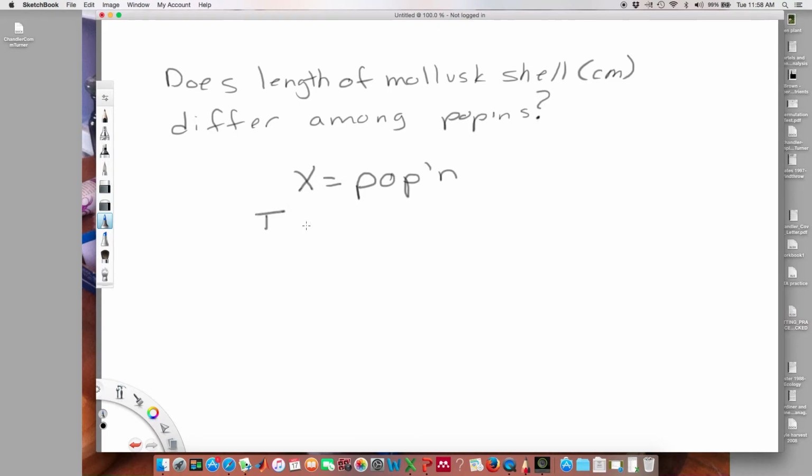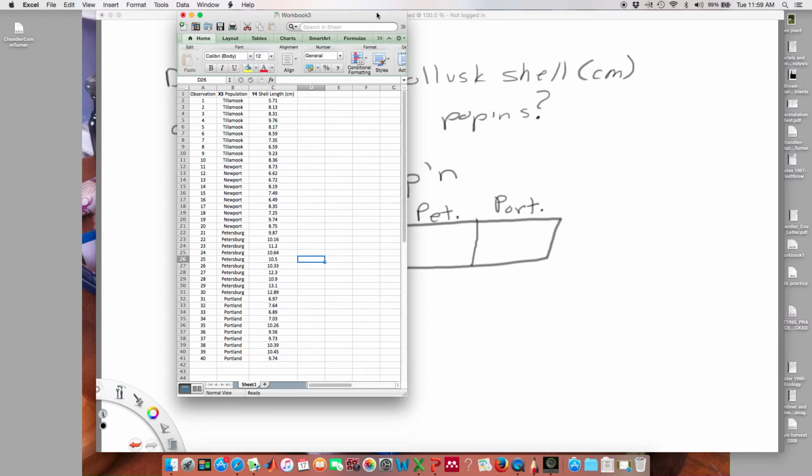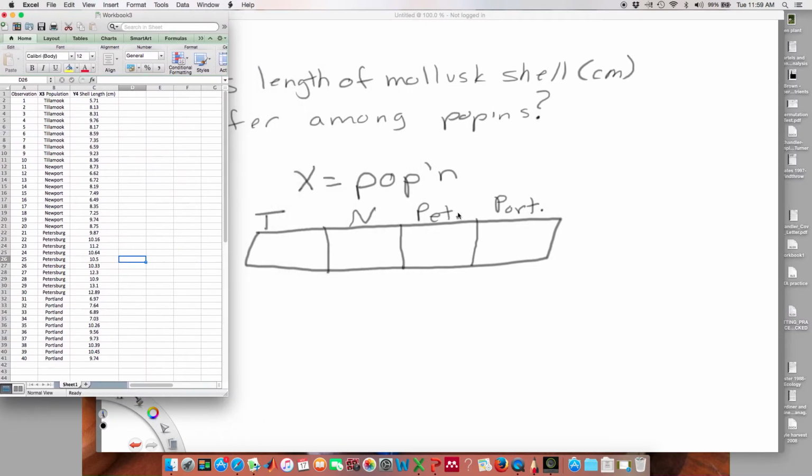We have the T population, and this is Tillamook. I'll explain these in a bit. We have an N population, a PET population, and a PORT population. And what I'm referencing is actually in this workbook, this Excel workbook. And the different populations, the T is the Tillamook population, N is the Newport population, PET is the Petersburg population, and PORT is the Portland population.